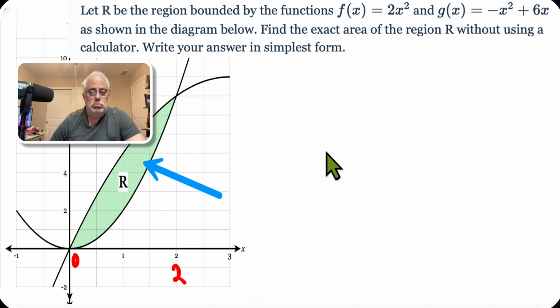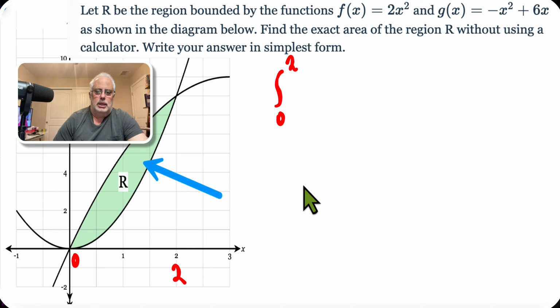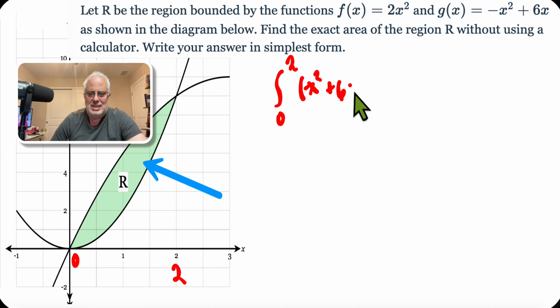So we are going to define the integral from 0 to 2, and we are going to subtract the upper curve. Let's put it inside the parenthesis here: minus x squared plus 6x. And we are going to subtract the lower curve, which is 2x squared. So let's put this in a bracket.